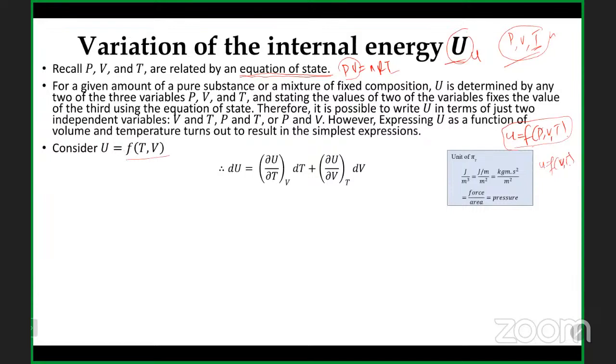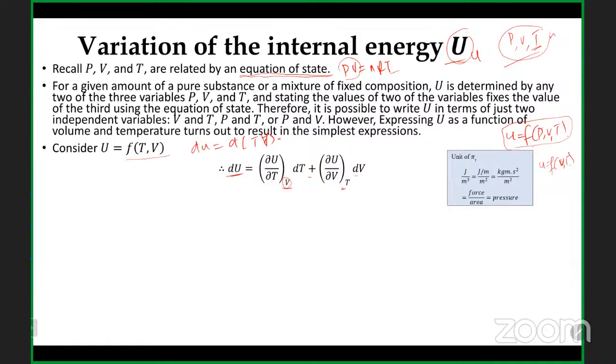We can then write that a change in U, dU, will be given by the partial derivatives. When you have a function of two different variables and you want to see how it varies with its variables, you keep one constant and vary the other. So we keep V constant: (∂U/∂T) at constant V dT, plus (∂U/∂V) at constant T dV.